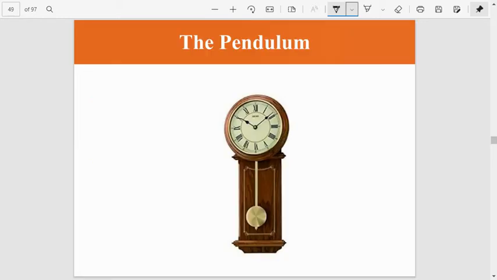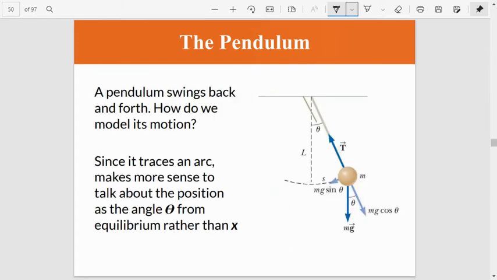We're going to talk about the pendulum now, and the pendulum isn't a simple harmonic oscillator by default. So the idea is that a pendulum, the bob of it, swings in an arc. And if we wanted to model its motion, its displacement, it wouldn't be accurate enough to talk about just horizontal or vertical displacement.